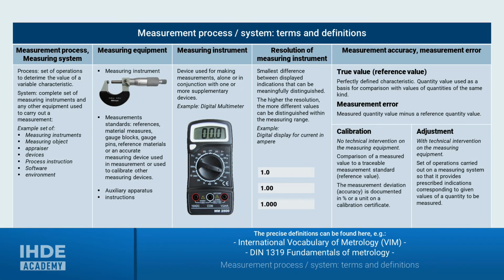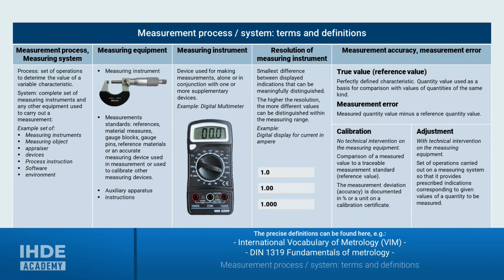This results in a measurement error. Therefore, a measurement result is only an approximation for the true value. Hence, the result should also include the measurement uncertainty. More on the measurement uncertainty will follow in one of the next lessons.